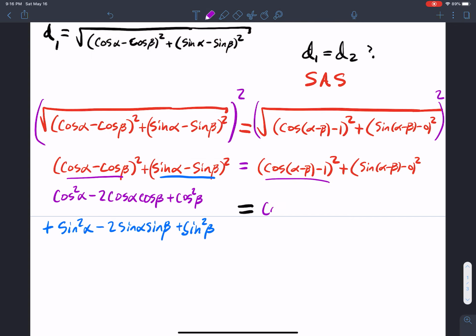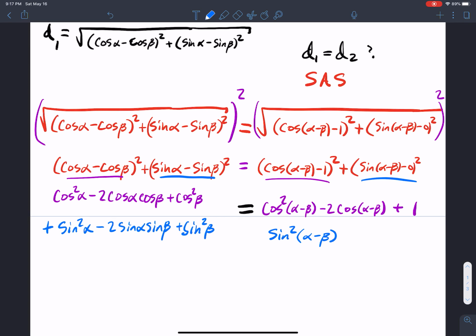I'm going to get cosine squared of alpha minus beta, and then minus 2 cosine of alpha minus beta, and then plus 1. Okay. And then this is just sine squared of alpha minus beta. Okay, that 0 goes away and I just square it.